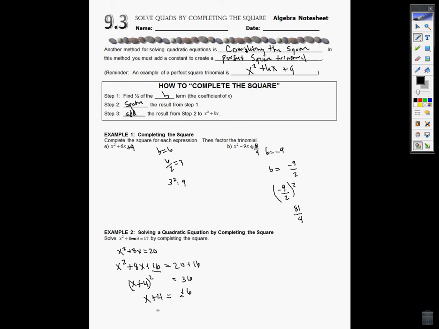Now I'm going to subtract 4, so x equals negative 4 plus or minus 6. Oops, sorry, this should be negative 4, because I'm subtracting 4 from both sides. Those are my 2 answers: negative 4 plus 6, which is 2, or negative 4 minus 6, which is negative 10.